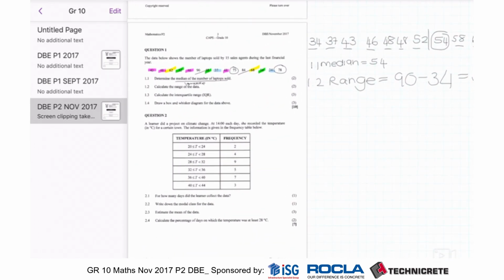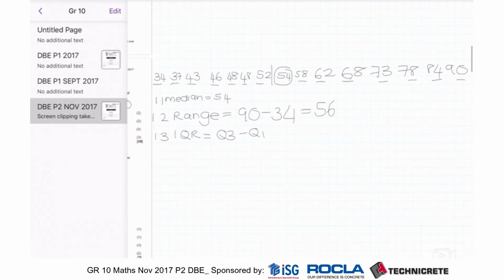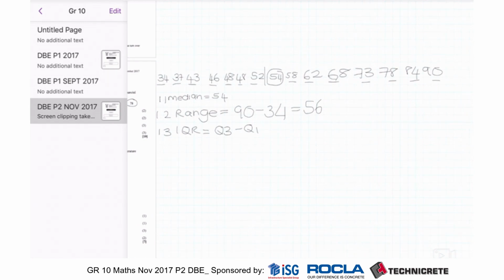Okay, calculate the interquartile range. So interquartile range is equal to Q3 minus Q1. And seeing as we found our median, how do you find Q3? You find Q3 by finding the median of the upper half, and Q1 by the median of the lower half. Here I've got 7 values, so I'm looking for the 3.5 value. 1, 2, 3, this should be my median here.